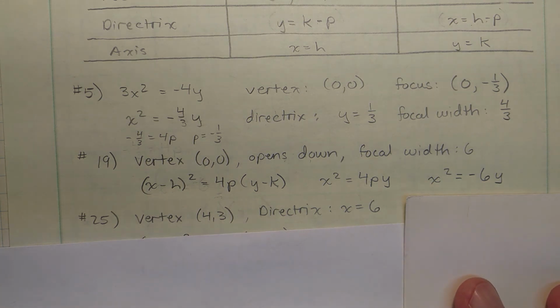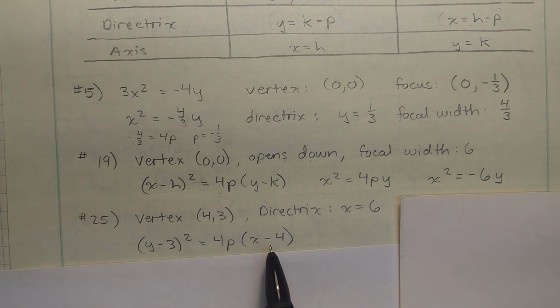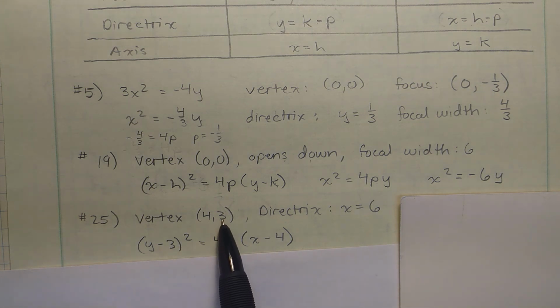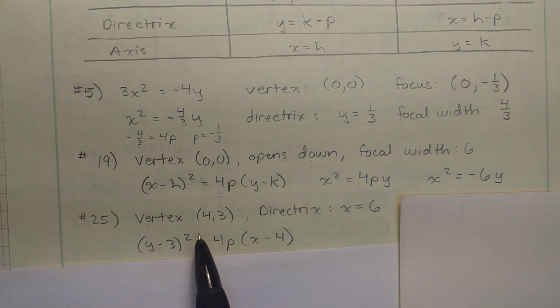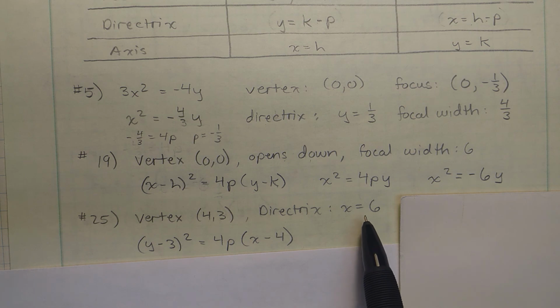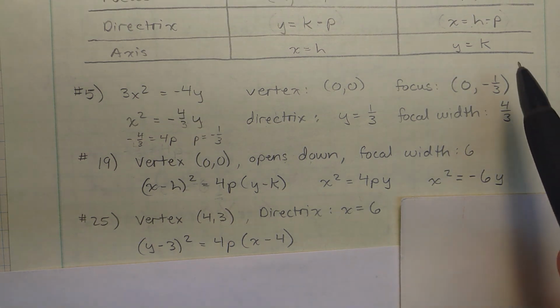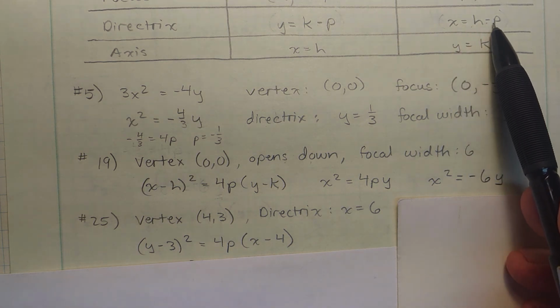So here's my horizontal equation. It's going to be y minus the y coordinate of the vertex, that's my k, squared equals 4p times x minus my h coordinate. Now all I have to do is find p. I know that for left or right, the directrix is x equal to h minus p.